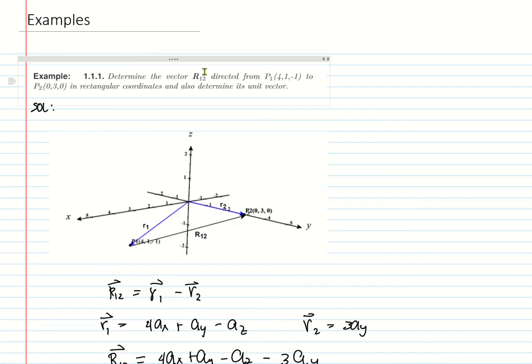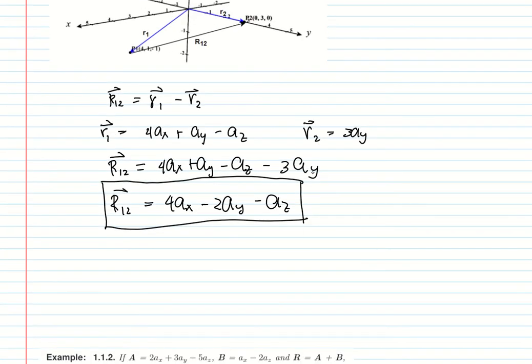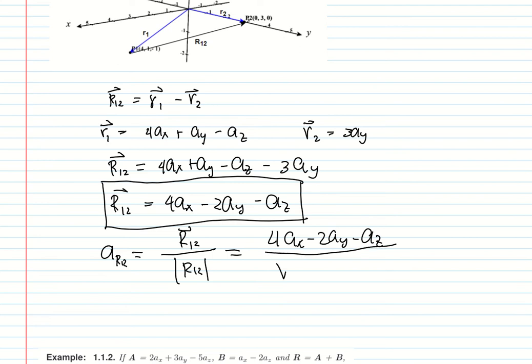The other question here is we also want to determine its unit vector. So how do we determine the unit vector? Using our formula before, the unit vector aR12 is just equal to the vector itself divided by its magnitude, the magnitude of R12. How do we calculate the magnitude? For 4ax - 2ay - az, we just take the square root of the sum of the squares of the components: 4 squared plus 2 squared, then plus 1 squared.